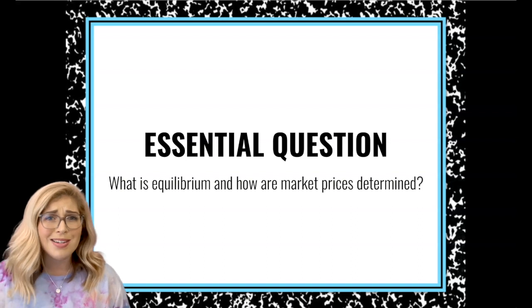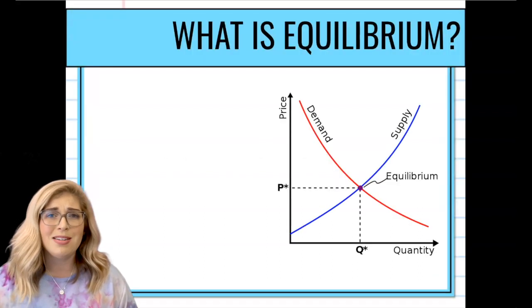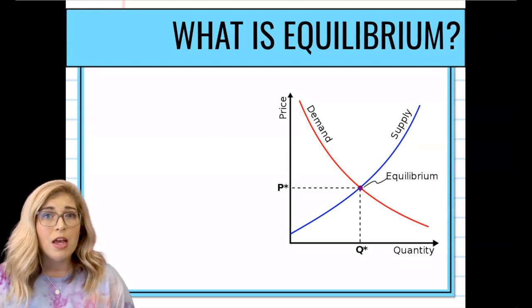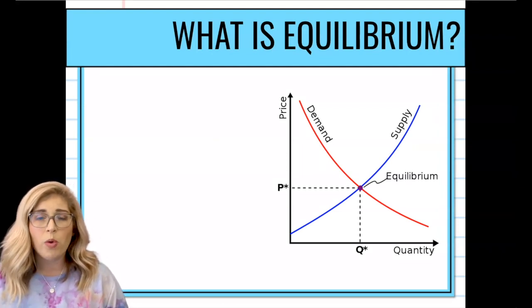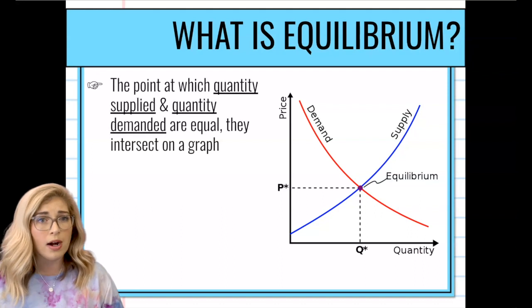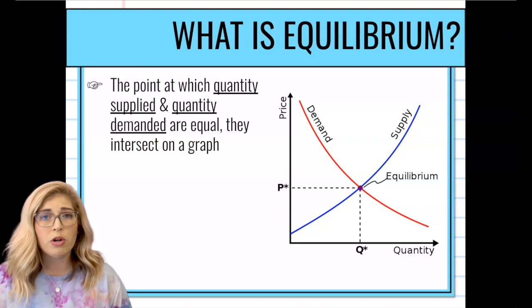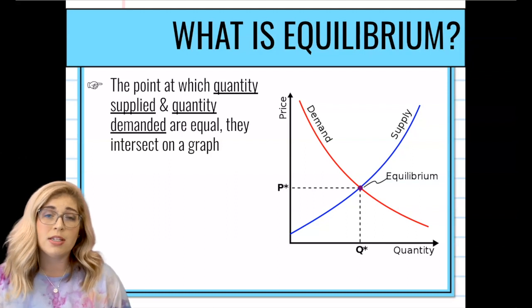So what is equilibrium? As I hinted in the beginning, equilibrium has the root word of equal in there. So equilibrium is the point at which quantity supplied and quantity demanded are equal and they intersect on the graph. If we plot a demand curve and a supply curve together on a graph, as you can see on the screen, they're going to intersect.